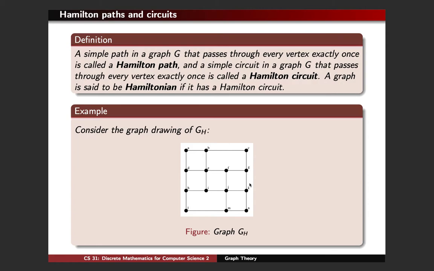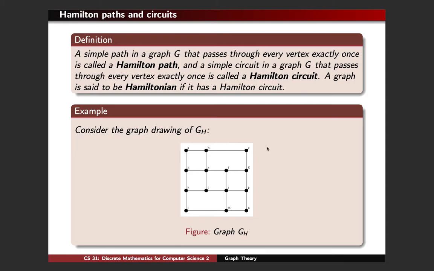Kapag naman Hamilton circuit, ang gusto mo madaanan lahat ng bahay. So, ang isang application, kunwari, salesperson ka, tapos gusto mong magbenta ng product, syempre, ang gusto mo, lahat ng bahay, madadaanan mo para mapagbentahan. And para tipid sa oras, gusto mo, dadaanan mo lang sila once.